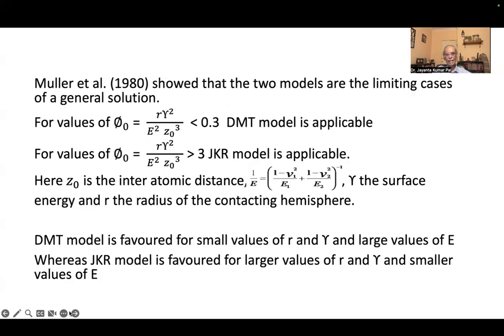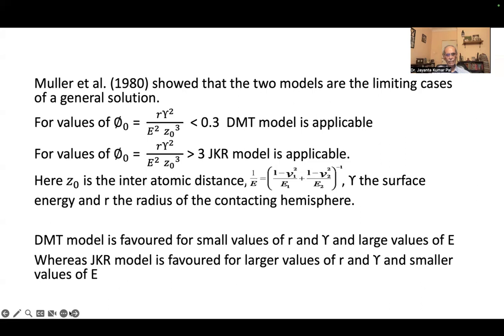They said that these two solutions are not contradicting. They are basically the two limiting ends of the same solution. And they came up with a parameter phi naught, which is given by R gamma square by E square Z naught cube.